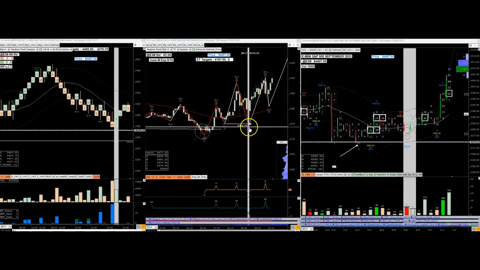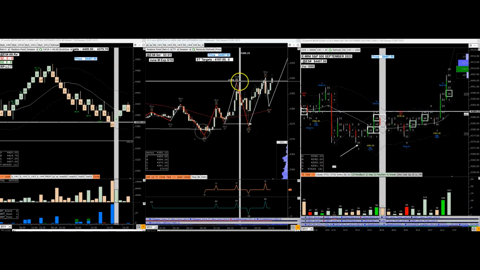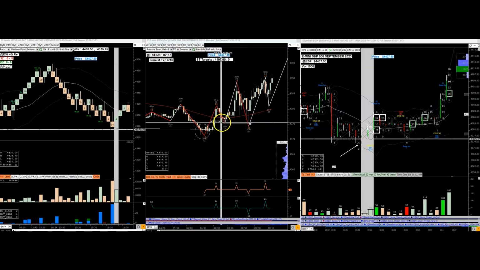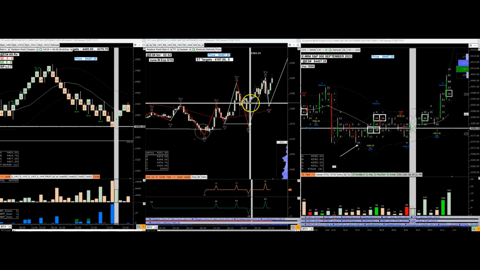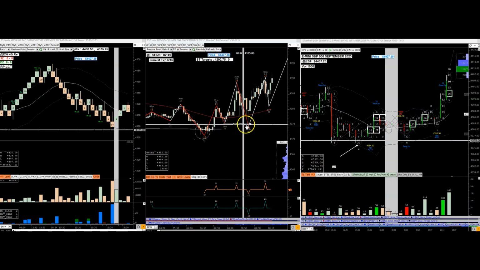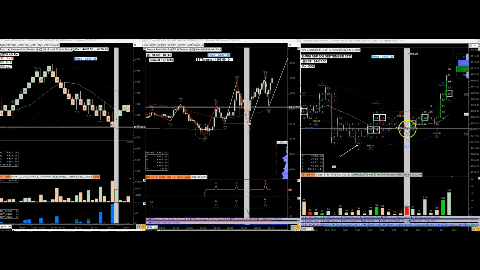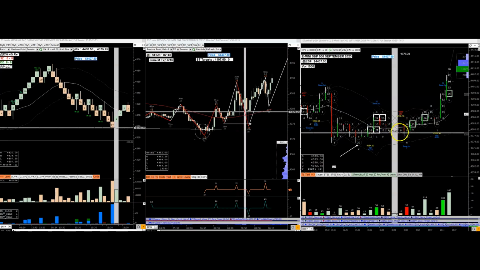Second clue is it doesn't make a lower low, whereas this made a higher high and a higher low. And the third clue is it cannot close below this low and actually closes above, and then has that thrust or break or reversal to the upside. That's a legitimate spring, and it's basically going into that same area of that nice line of accumulation.